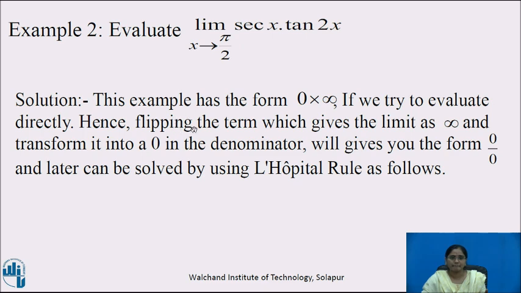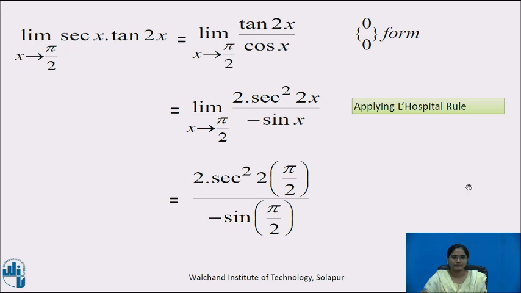If we try to evaluate directly, you get the indeterminate form. Hence, flipping the term which gives you the limit as infinity and transforming it into a 0 in the denominator will give you the form 0 by 0. Now you can solve that example by using L'Hospital rule.